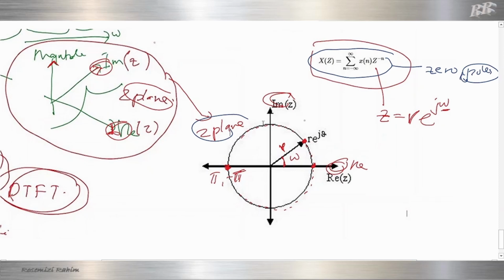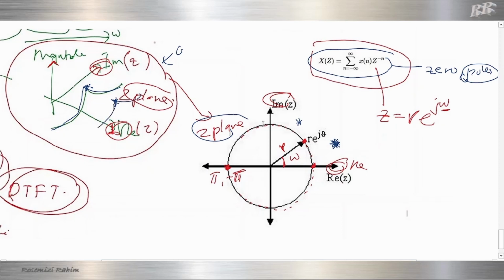For example, let's say we have a pole here, so in the z plane it is here. Let's say we have another pole here, so maybe our graph looks like this.